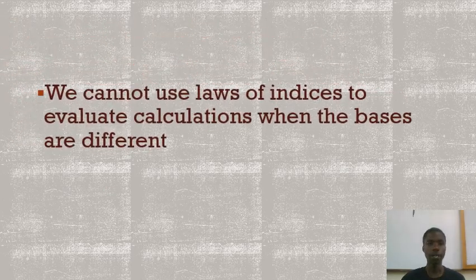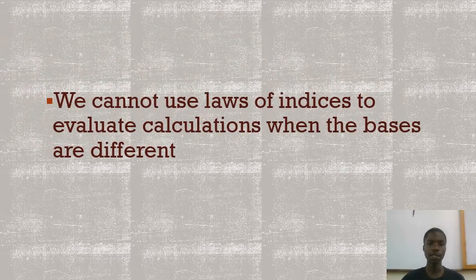Now, we cannot use laws of indices to evaluate a calculation when the bases are different. As the definition says, an index is a number representing how many times an expression has been multiplied by itself.